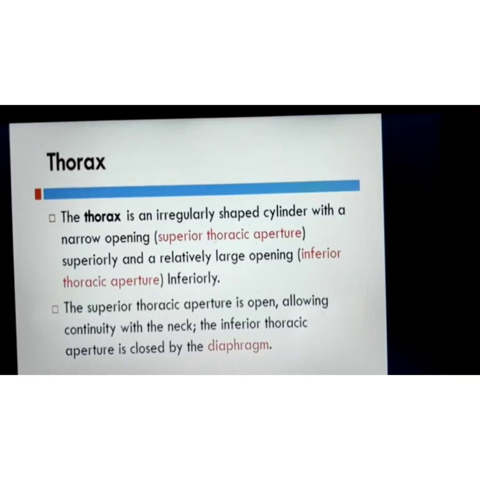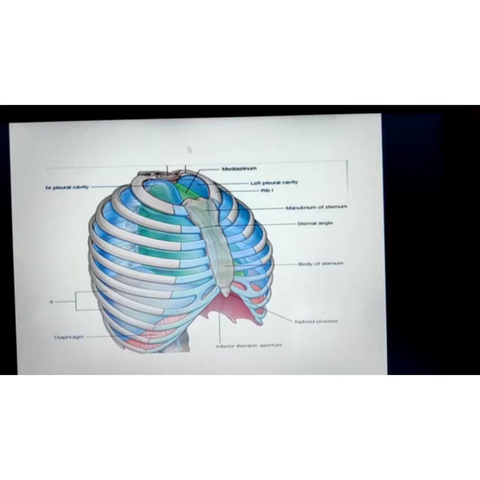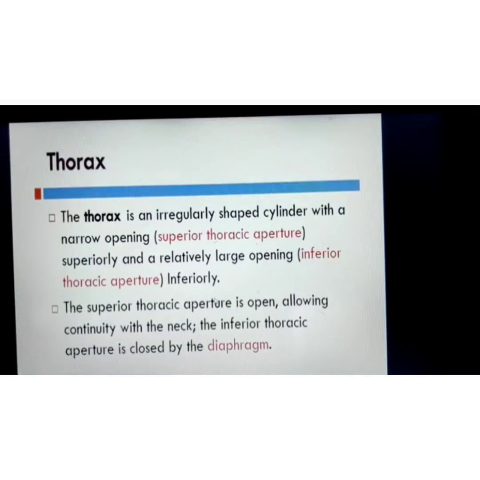The thorax has a narrow opening, which is known as the superior thoracic aperture, also known as the thoracic inlet, and a relatively large opening, which is known as the inferior thoracic aperture or the thoracic outlet. As you can see in this diagram, this is the superior thoracic aperture or the thoracic inlet, and this is the inferior thoracic aperture or the thoracic outlet.